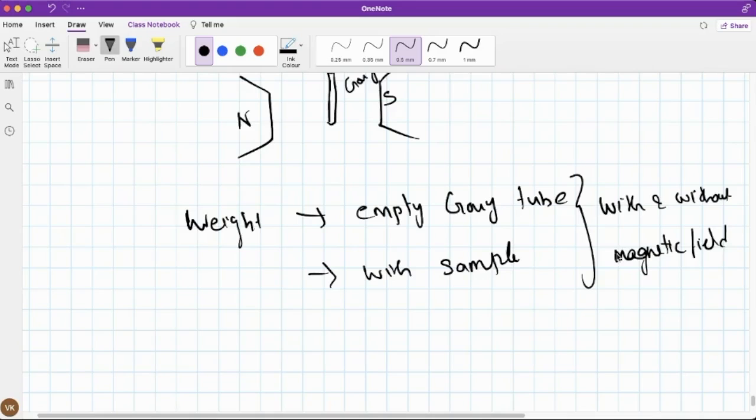From here they calculate the moment. This is how it is done experimentally.